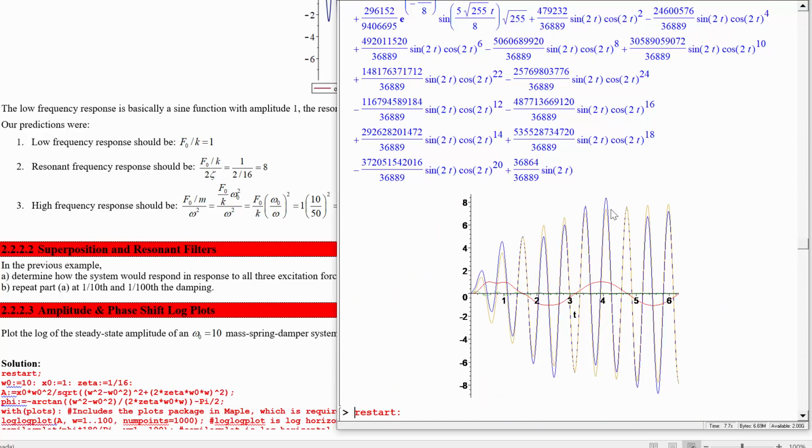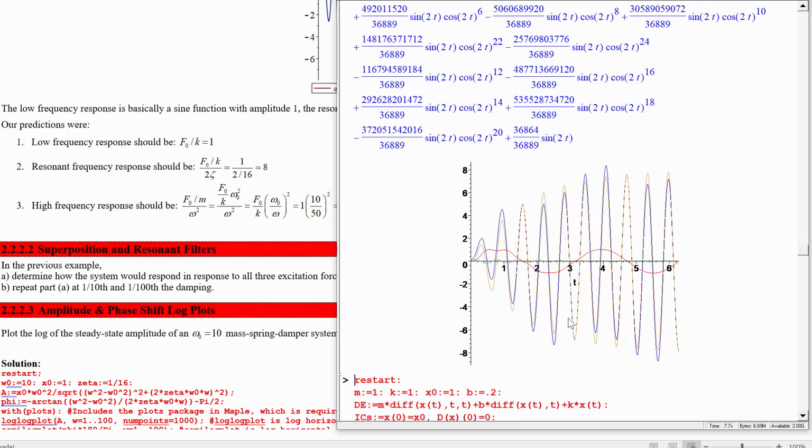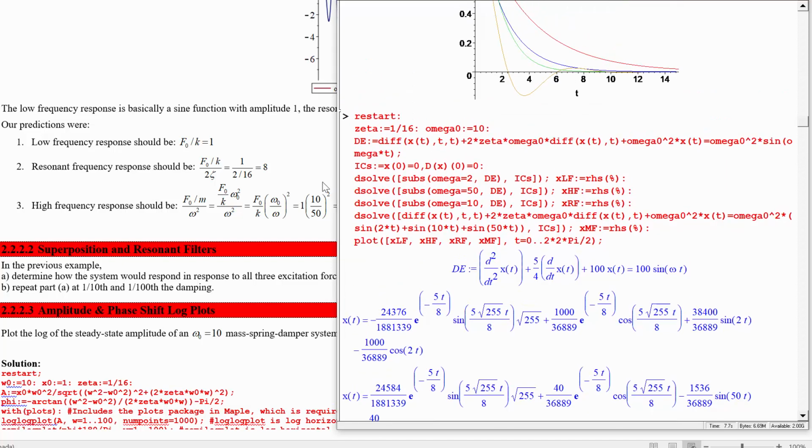Now, because the resonant frequency one is far bigger than the other responses, the low frequency one doesn't end up making much difference to it, and the high frequency one is almost entirely filtered out. So you see something which is basically the resonant response. Now, what if we lower the damping even more? So let's put the damping down to 1/10 of what it was.